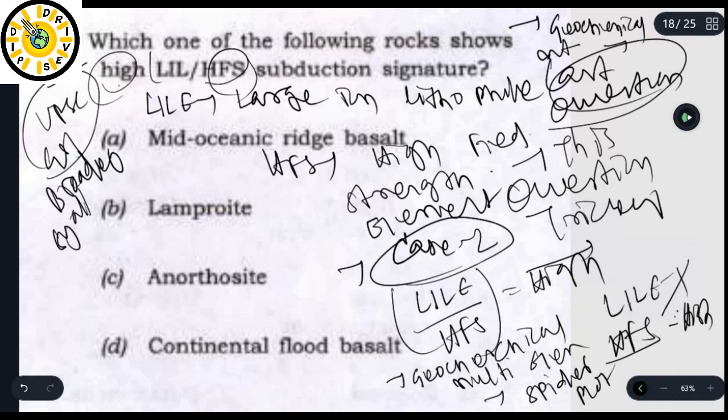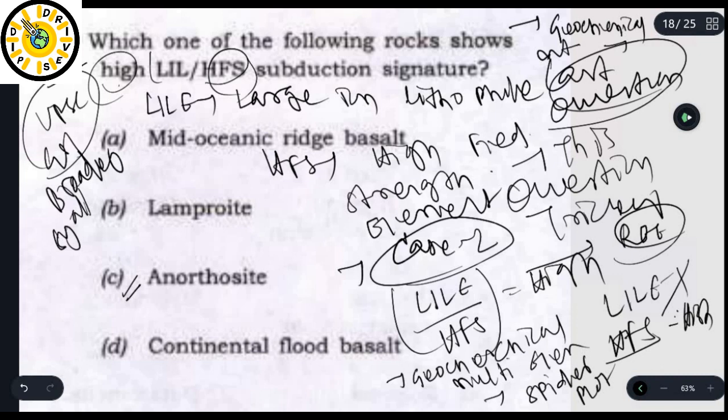So this is from the spider plot. If you understand the different types of ratio and the spider plot, if you go to the Rollinson paper and see the trend of the REE plot, the trend of the spider plot, you will find that anorthosite will have a high LILE and HFSE ratio. Okay, you will find it in the Rollinson paper.